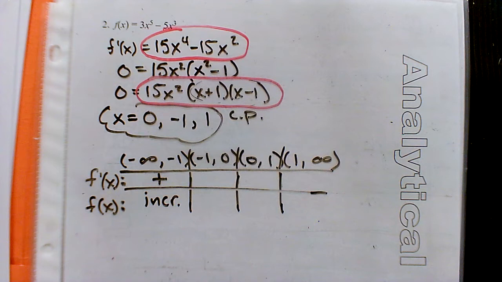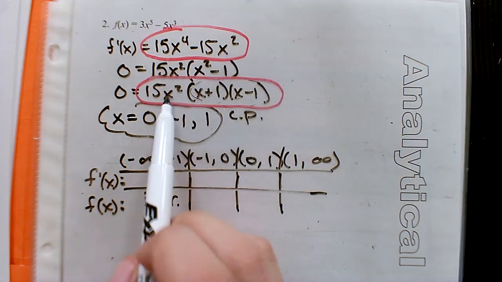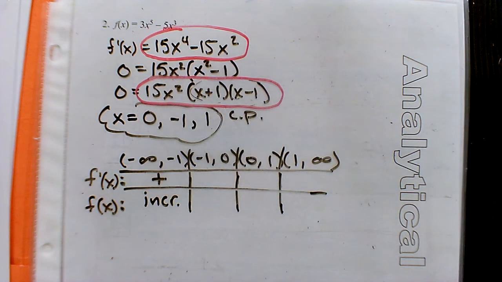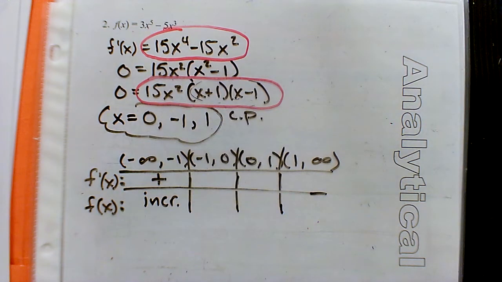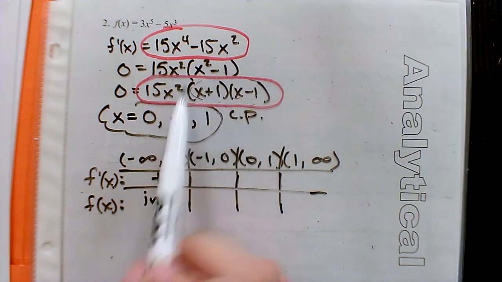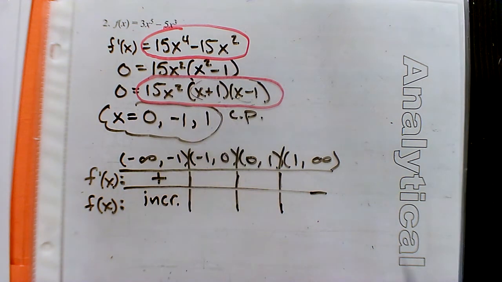All right, pick a number between negative 1 and 0. Negative 1/2, maybe? Negative 1/2 and square it times 15. Still positive, right? Okay. Negative 1/2 plus 1. Positive. Negative 1/2 minus 1. Negative. Positive times negative.